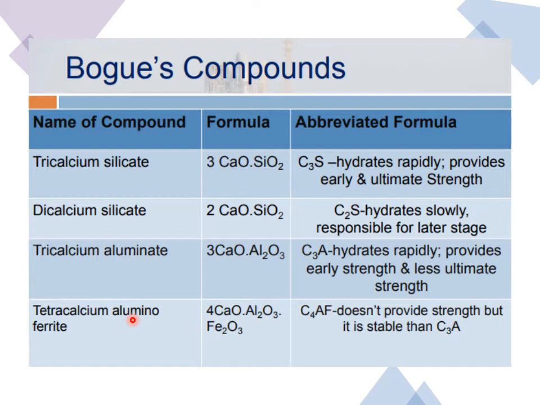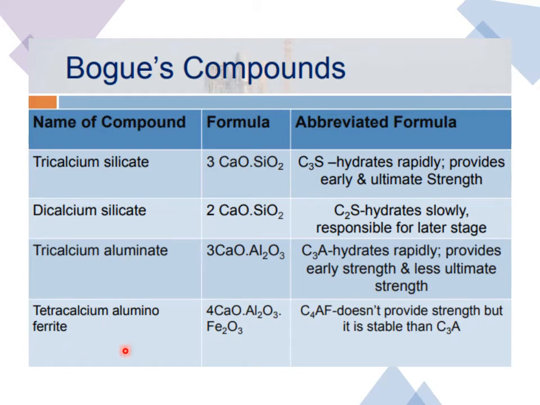Dicalcium silicate, C2S, hydrates very slowly and is the major compound responsible for later stage strength. Next is tricalcium aluminate, C3A. This hydrates rapidly and provides the early strength and less ultimate strength.